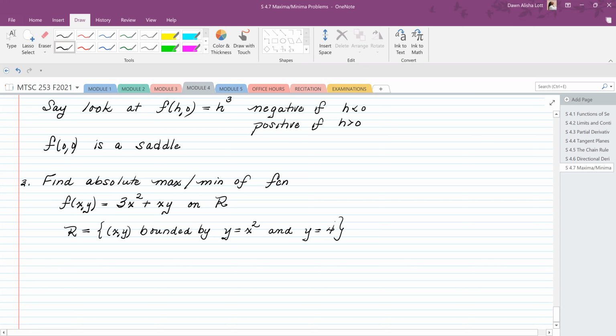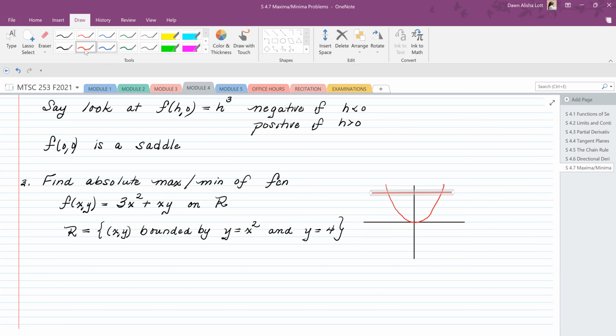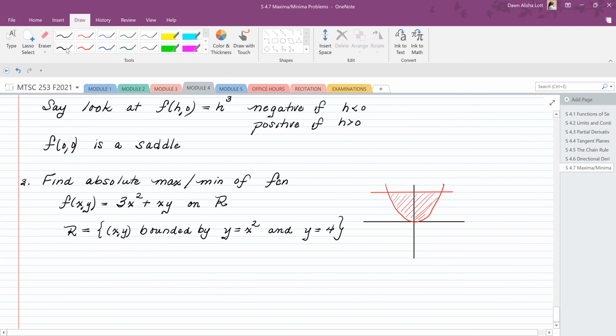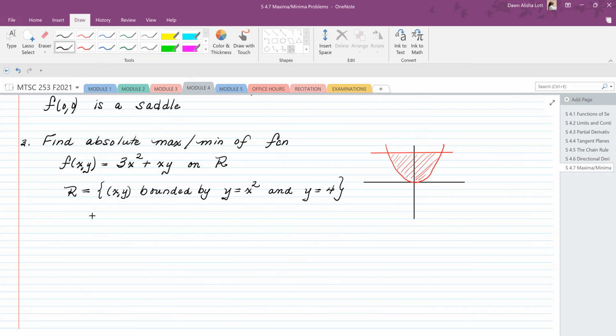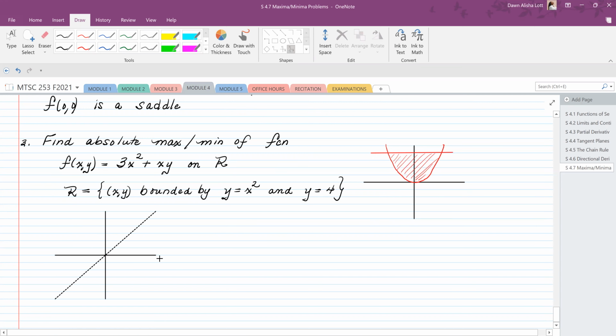Okay, so here's the region in the xy plane. So I have y is equal to x squared and y is equal to 4. So this is my region down here. And on top of that, there's a function floating over it, and I'm trying to maximize or minimize the function. So here it is on the xy plane.